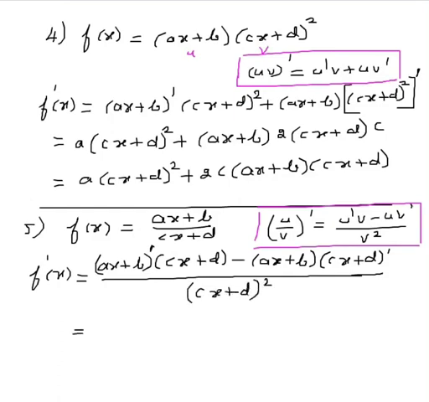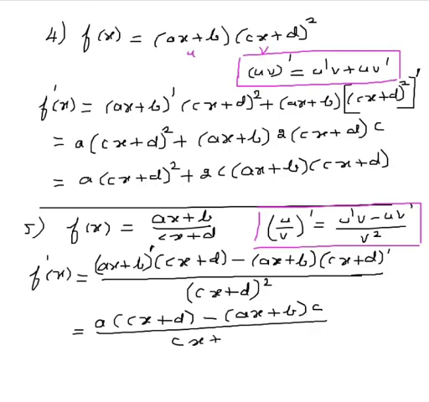Let's differentiate. A into differential of x with respect to x is 1. Differential of b is 0. So a times cx plus d minus ax plus b, c into differential of x with respect to x is 1 and differential of d is 0, divided by cx plus d the whole square. Let's open the brackets in the numerator.